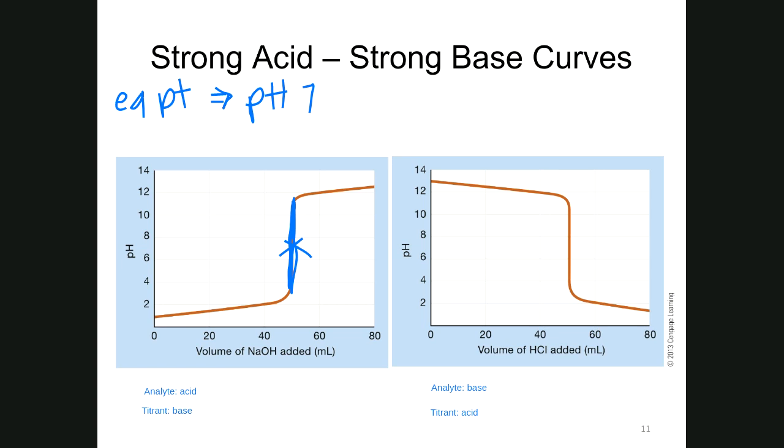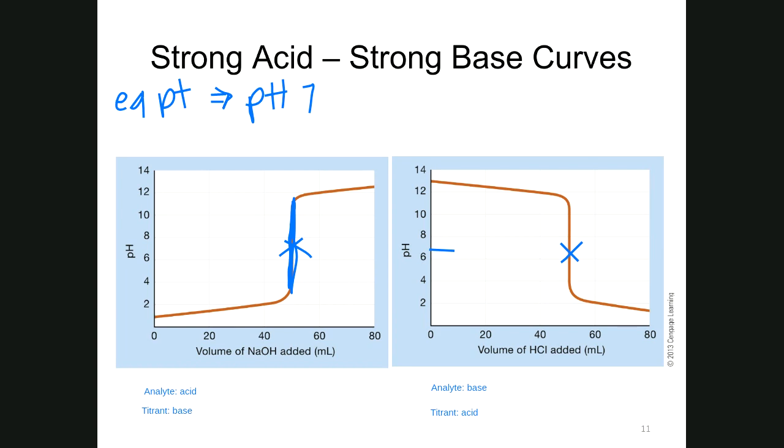And that salt, since it comes from strong acids and strong bases, does not play any role on the pH. So that means that we are left with just water, essentially, which is the only thing that's contributing to our pH. And we know that the pH of water is 7. So if we look on our other curve, we can see that it's a pH of 7 as well.